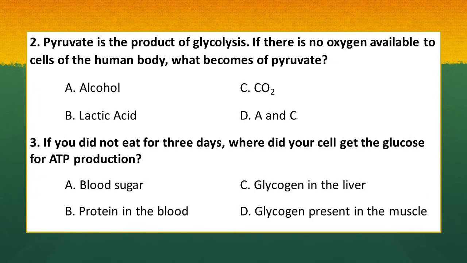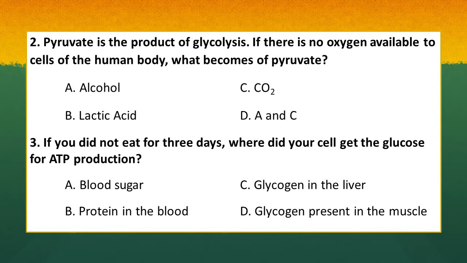Number 2. Pyruvate is the product of glycolysis. If there is no oxygen available to cells of the human body, what becomes of pyruvate? A. Alcohol, B. Lactic acid, C. Carbon dioxide, D. A and C. Number 3.